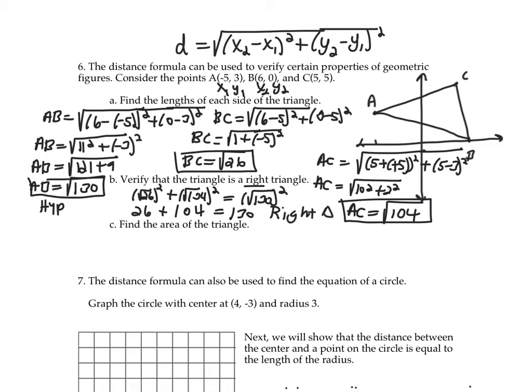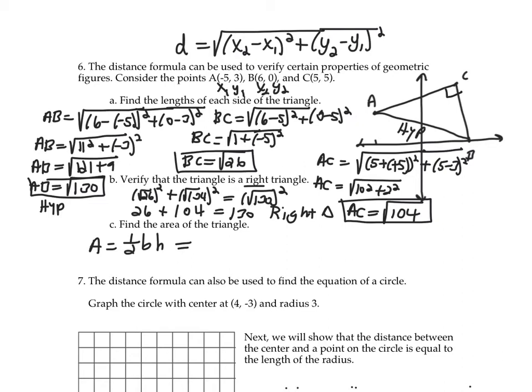Okay, it says find the area of the triangle. The formula for the area of a triangle is 1/2 times the base times the height. The base and the height have to be perpendicular to each other. So AC and BC are the two sides that are perpendicular to each other because we said that AB was the hypotenuse.